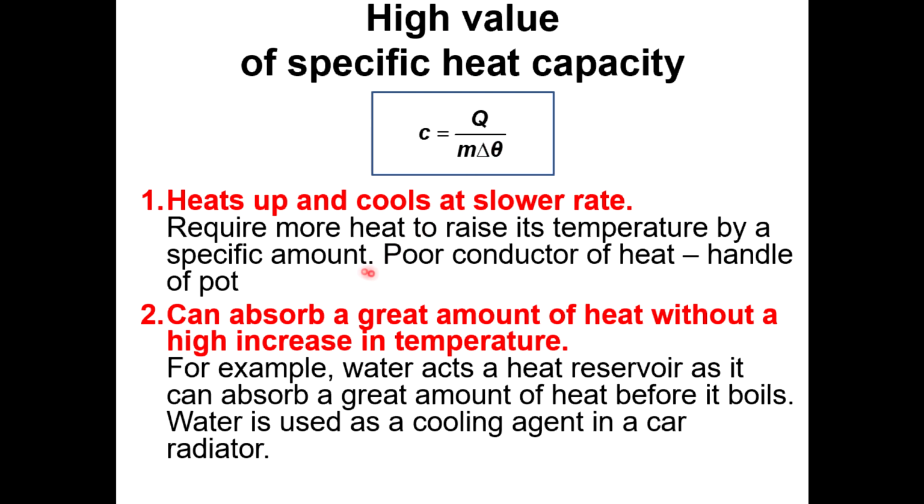And a higher specific heat capacity material also can absorb a great amount of heat without a high change in temperature. That is the reason why water is used in the radiator. It can be used as a cooling agent because it can absorb a large amount of heat, but the change of temperature will be very low.